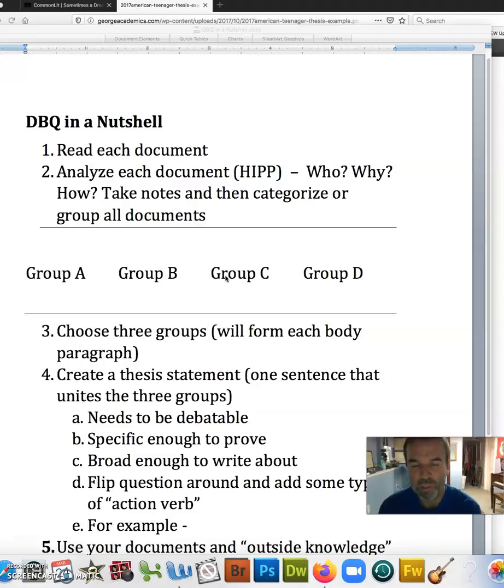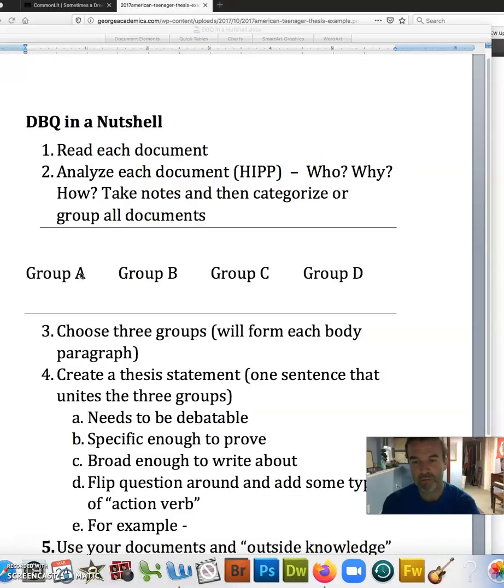When we talk about grouping them, it can be based on geography, for example Group A is China, Group B is India, or you could look at certain themes. For example, Group A might be laws, Group B might be religion. You might find that when you're creating these labels, maybe they're too broad, and you need to break them into smaller groups.